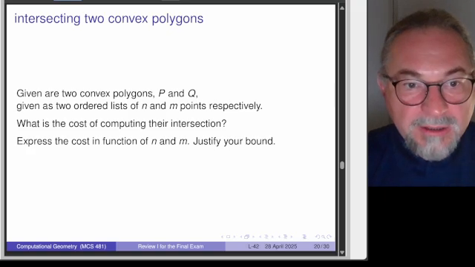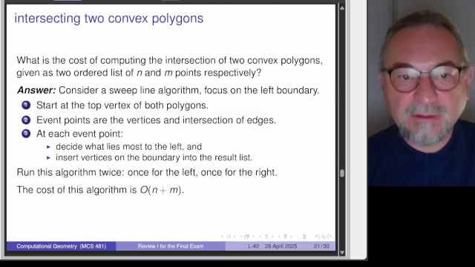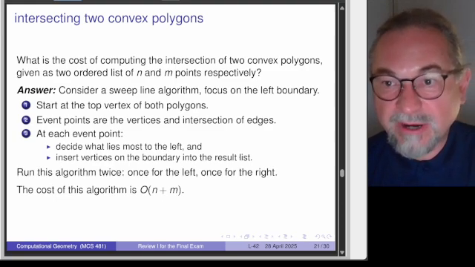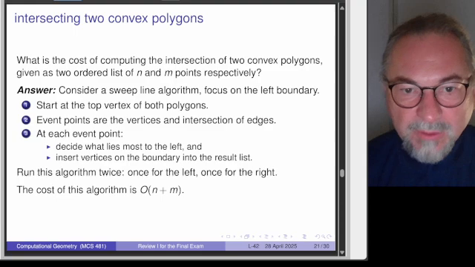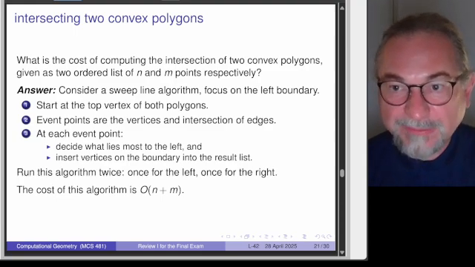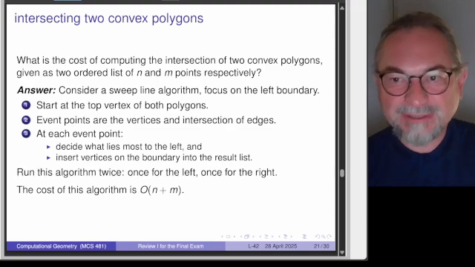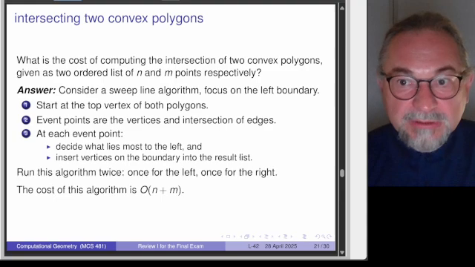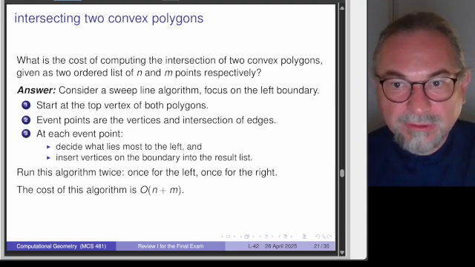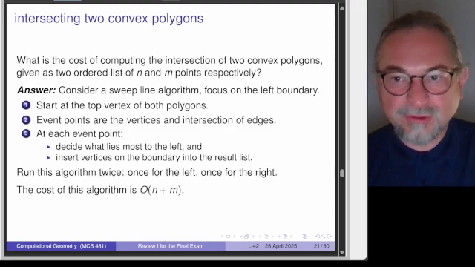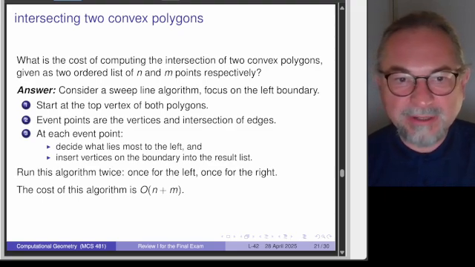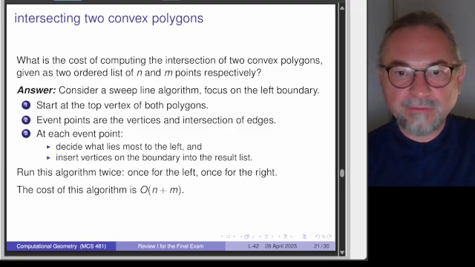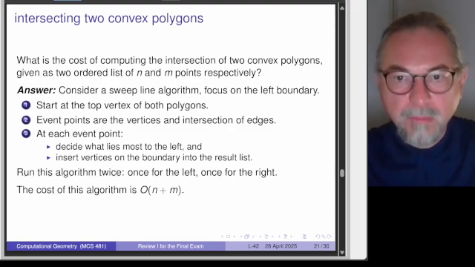Okay, what is the cost? What is actually the right way of computing this? Well, the algorithm that we have covered in class, the slide was actually taken from the reasoning of this algorithm, we apply the sweep line algorithm. What I didn't talk about on this picture was the sweep line. We compute the left boundary and then the right boundary, starting at the topmost point.